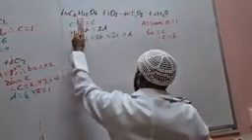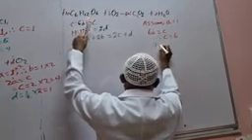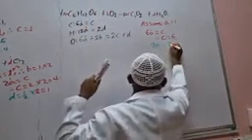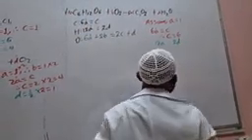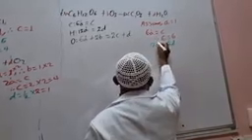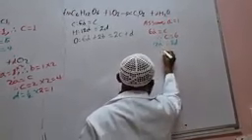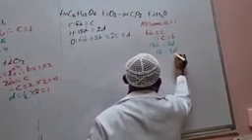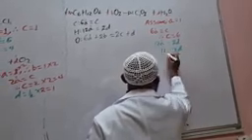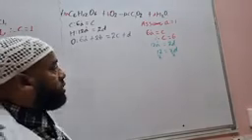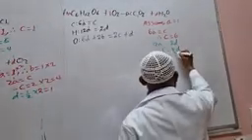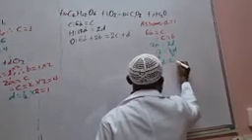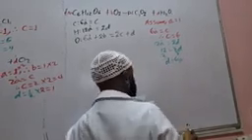What about the equation of hydrogen? 12A is equal to 2D. A is 1, therefore 12 is equal to 2D. To find D, both sides must be divided by 2, so 12 by 2 is 6. D is equal to 6.